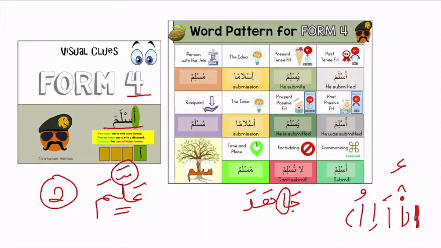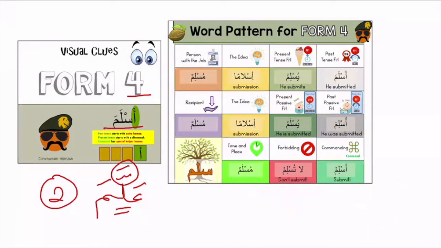Now if I ask you what is the marker for family 4, we should all remember that family 4 has an extra hamza, sorry, not alif, hamza. Where is this hamza? In the beginning. So we have our root letters sin, lam, and mim, and as soon as I bring it to family 4, it will become as, la, ma.